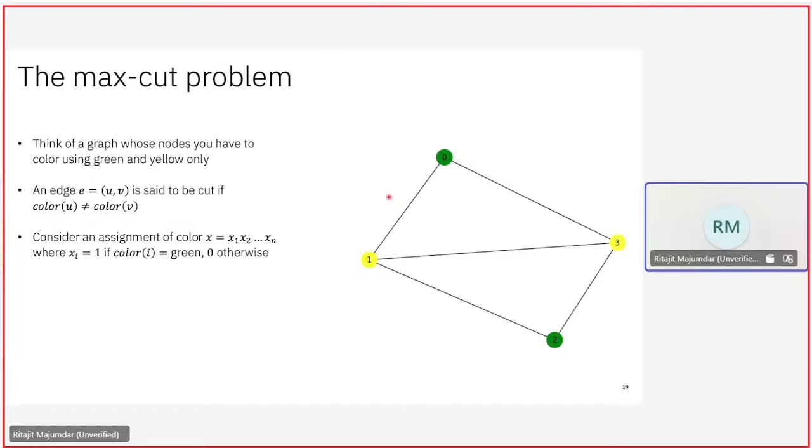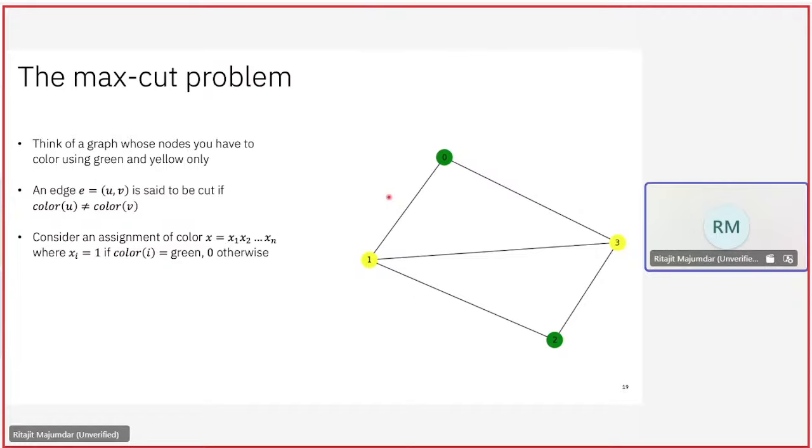The moment I lose signal, there is a customer who is very unhappy. So they want to maximize how many towers should eventually fail so that I lose signal, and this value should be very high. If this value is very high, then it is very unlikely that all the towers fail at the same time. So you see, this max cut problem has a very important role to play in telecommunication.